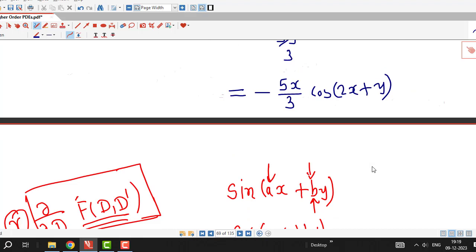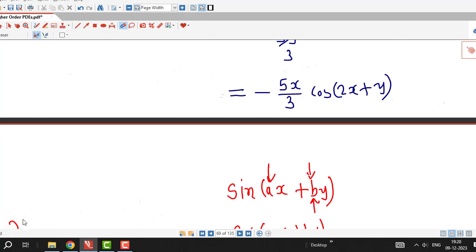And then we have to write down the general solution. General solution is nothing but addition of complementary function and particular integral.